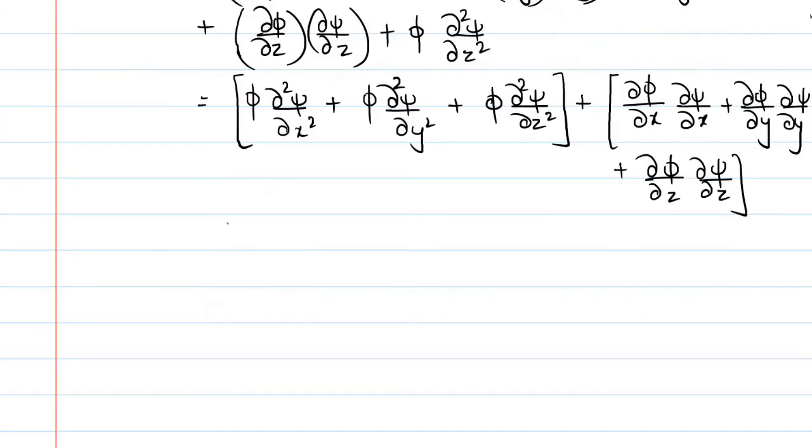Here we go. And now let's see. Here you can see that phi is common to all these three terms, and we are having second order partial derivatives here. Does it look like something? Have we seen this expression before? Well, yes, this is the Laplacian operator, the del square.